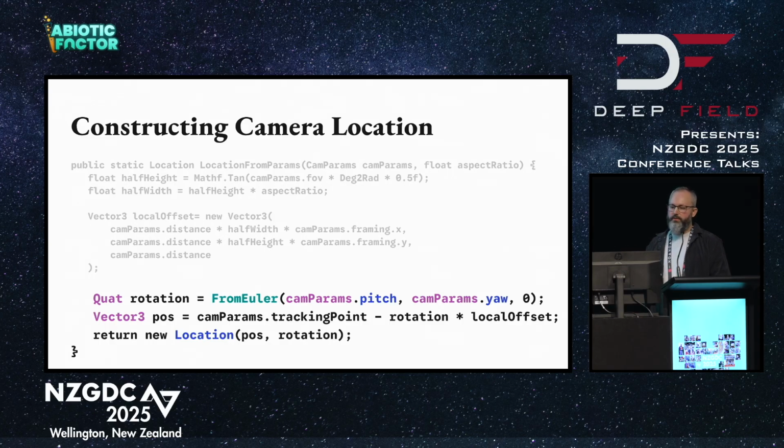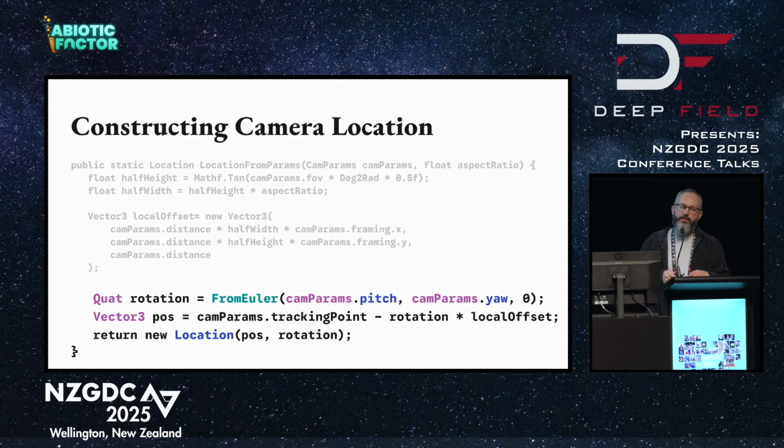Then in order to get the final camera position, we take the local offset and multiply it by our quaternion, which rotates it to be facing in the right direction, and then we subtract that from our tracking point. You might be like, why the hell are we subtracting? If you want an offset, don't you add something?